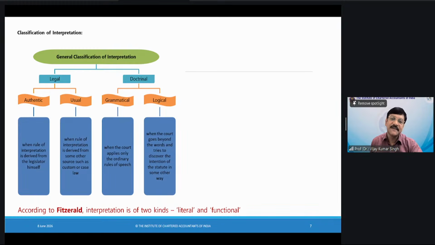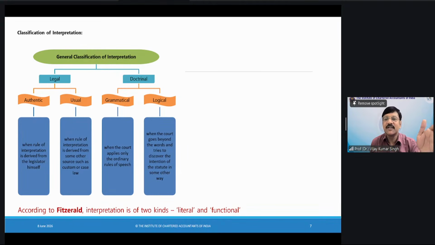So in doctrinal interpretation, courts can do two things. As Fitzgerald says, either it can go ahead with literal interpretation, which is called grammatical also, or it can go with a functional approach or a logical approach. That is what would be referred to as logical or functional interpretation. I hope this difference is clear to you.